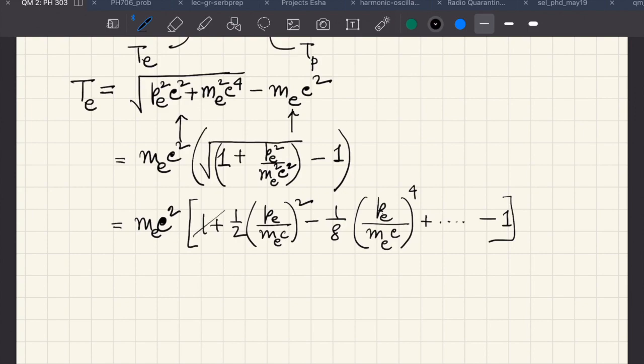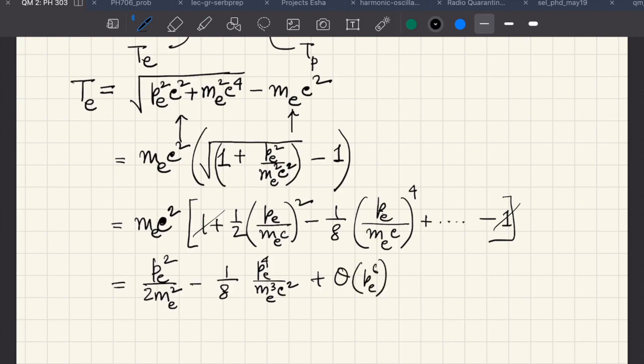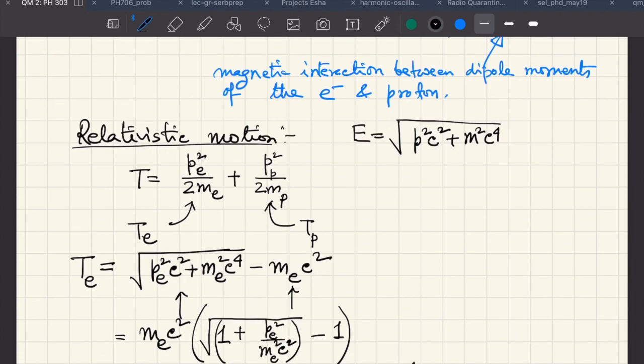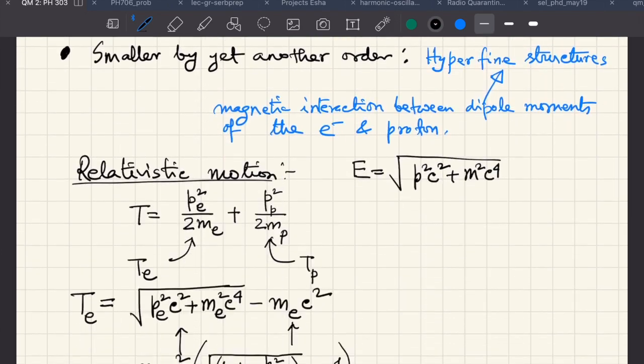And of course this gets cancelled, and what we are left with is Pe squared by 2me, minus 1 by 8 Pe to the power 4 divided by me cubed c squared, plus order Pe to the power 6. So this is my equation number 8.